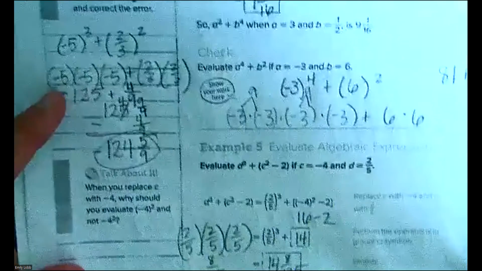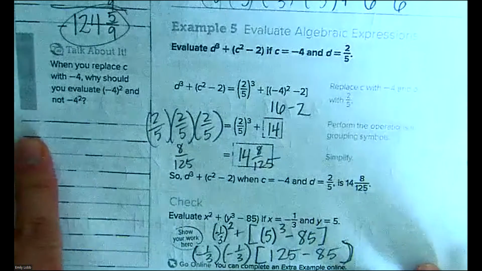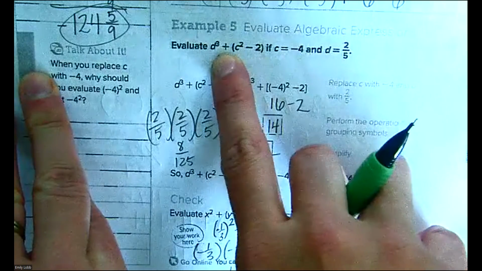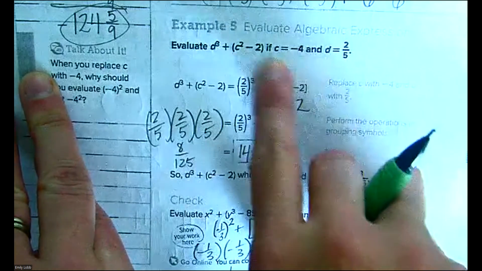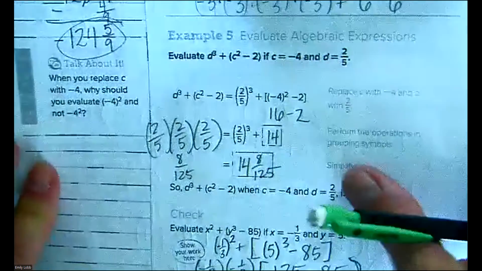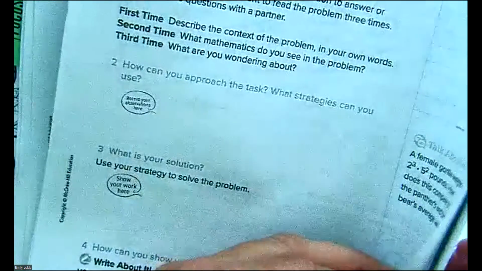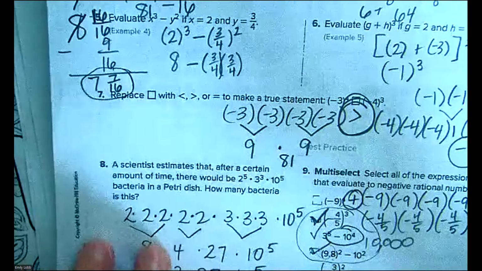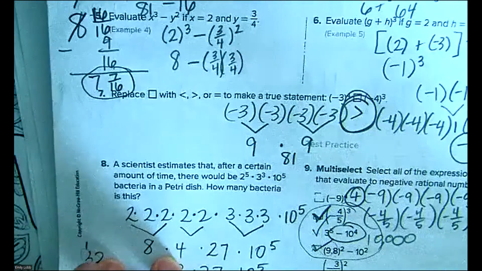Make sure we know how to do these. Evaluating them. Remember how we evaluated them by putting in those numbers for our letters? We practiced a lot of that before we started this module. Lots and lots of practice, guys, went into this. So go back through, make sure you know how to do pages 11 and 12.